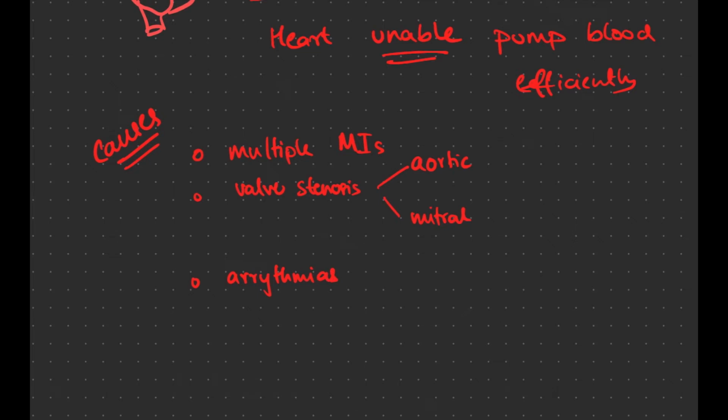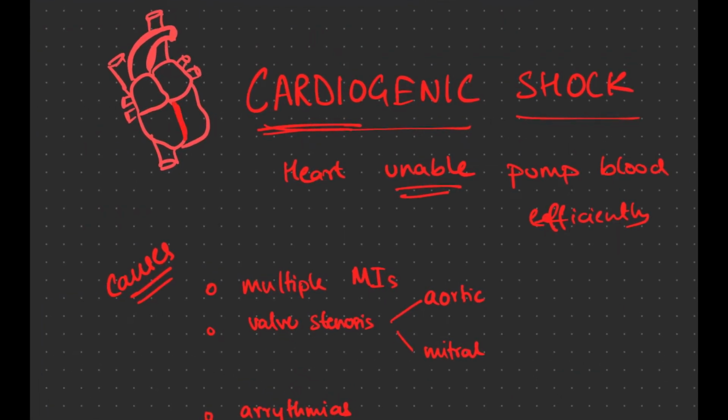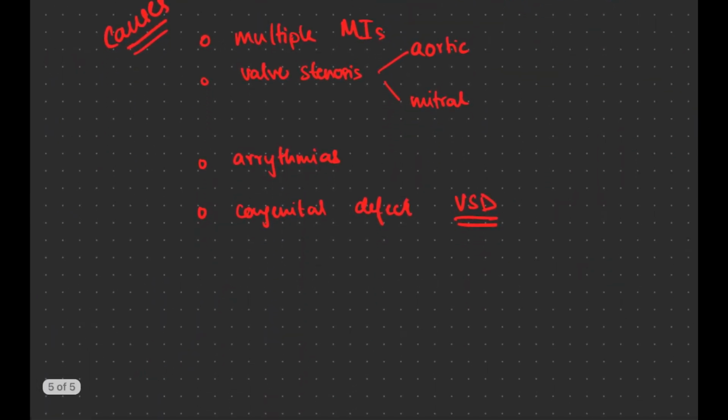The literal meaning of arrhythmia is irregular rhythm of the heart. Or it could also be due to congenital defects like ventricular septal defect. So in VSD, what happens is that the ventricular septum is not formed nicely, so hence pumping of blood is very inefficient.